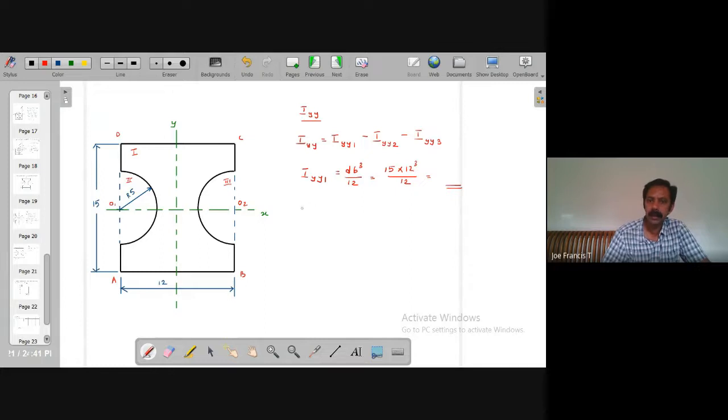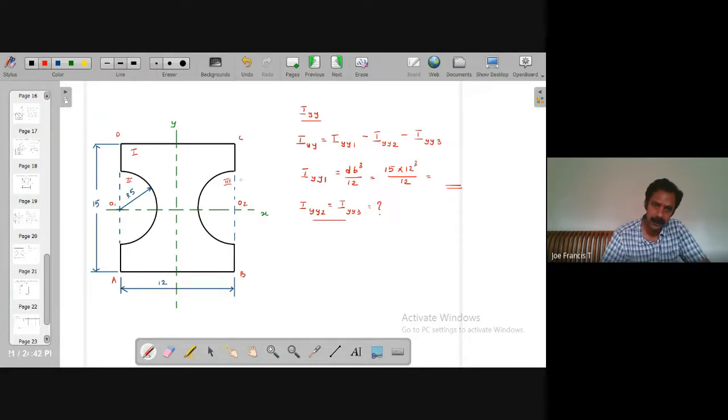In a similar fashion, you have to find Iyy2 and Iyy3. You can see that both are the same, since identical figures give the same value. We need to calculate Iyy2, which is equal to Iyy3. To calculate this, take one of the figures.